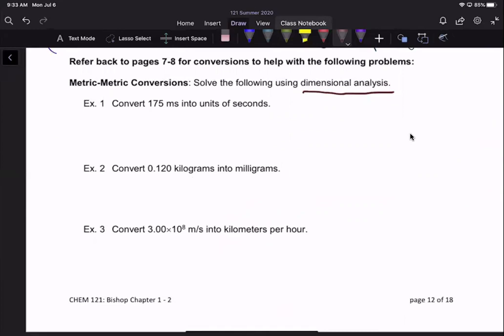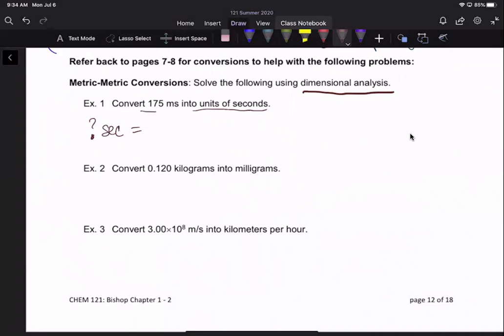So I'm looking for seconds. How many seconds? Now, the official abbreviation is just an S, but because of the way it looks when we write it, it looks like a 5. It's a little bit unclear. In my own personal work, I write out SEC so that I see that it's seconds.